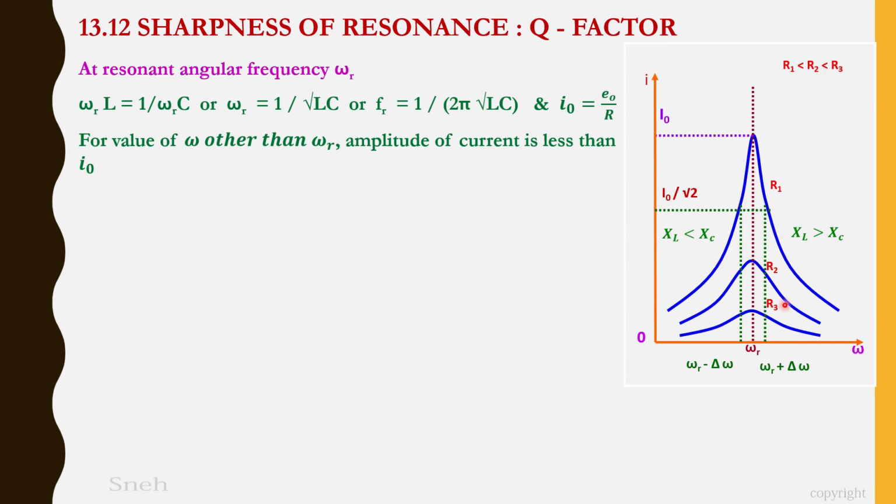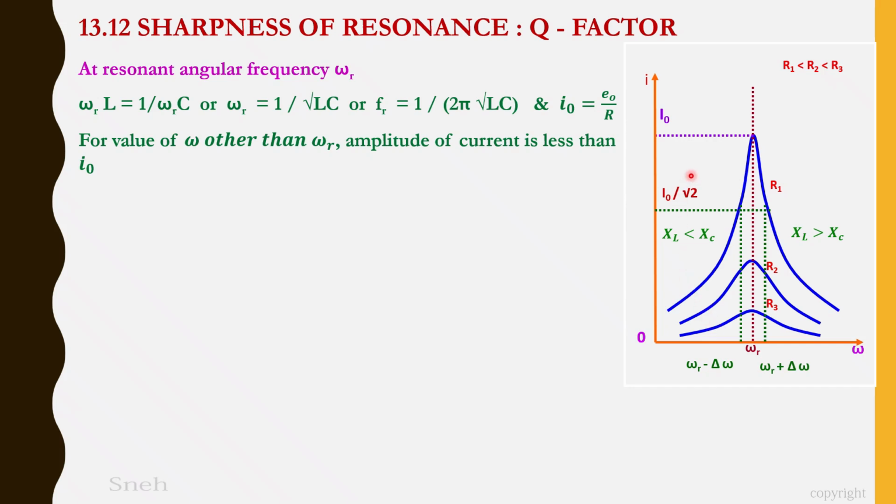The R value is changing here: this is for R1, R2 and R3, where R1 is less than R2, which is less than R3. Current is maximum for R1, then R2 and then R3. This is quite natural, as the value of R goes on increasing, the value of I0 goes on decreasing. We know that there is an inverse relation.